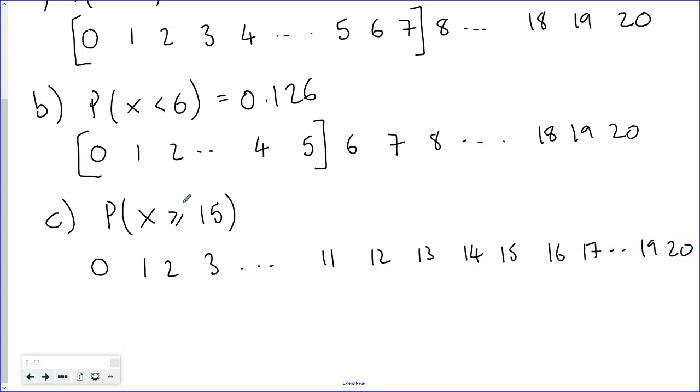Now, we want to include 15 and go greater than 15. So we want probability of having 15 or more successes. So that's the same as saying we want to go from 15 up to 20. And we want to work out what's the sum of these probabilities here.